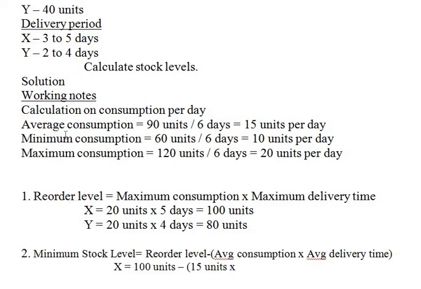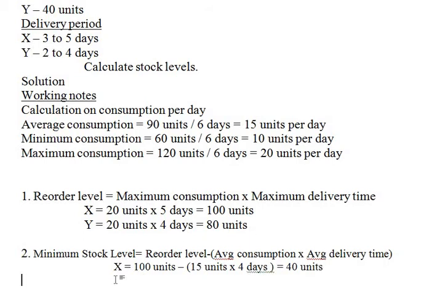Average delivery time for X, 3 to 5 days they have given. Minimum is 3, maximum is 5. So calculate average. 3 plus 5 is 8 divided by 2. That is 4 days. Calculate this. You will get 40 units.